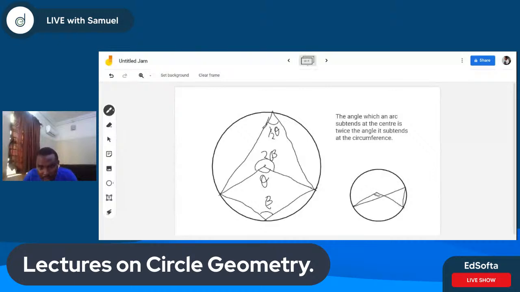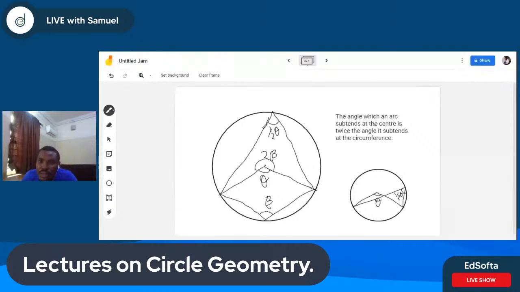What it means is that the angle here, let's say this one is alpha, theta is twice the angle here. Because what we said is that once you have an arc, from the point where that arc starts, it touches the center, and to where the arc ends, it touches the center again. You use two radii to cover it. If you use that arc too, and you draw your line to touch the circumference, you will see that this angle is going to be twice the angle at the center.